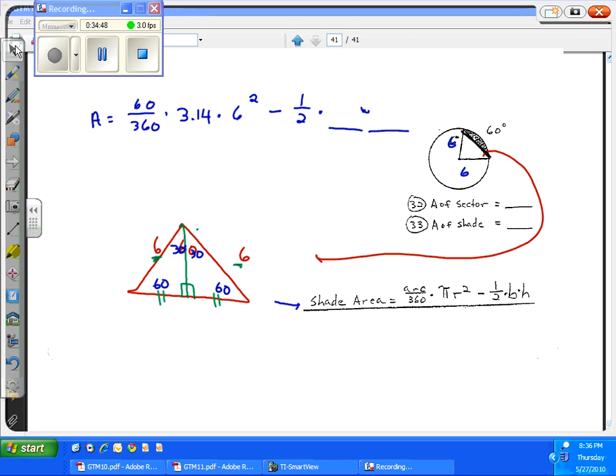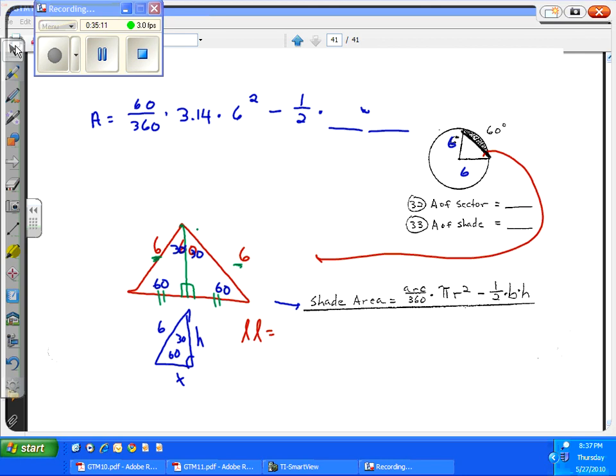Now, if I take one of those, what I know is the hypotenuse. I'm going to call this x, and I'm going to call this our height. Now, x is half of a side. We're going to use our 30, 60, 90 triangle formulas to solve.